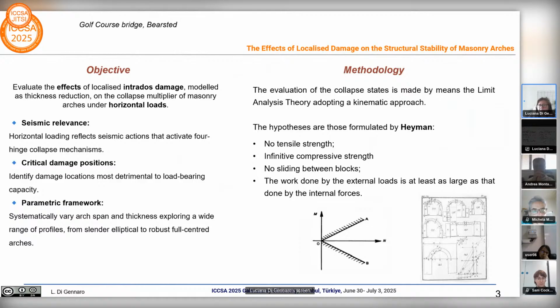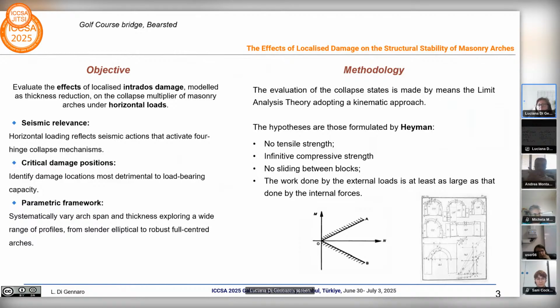This condition, as known, leads to the formation of a four-hinge collapse mechanism. To better understand the influence of localized intrados thickness reduction, a group of different arches was studied by means of a parametric procedure based on the variation in height and thickness within preset ranges of variation.